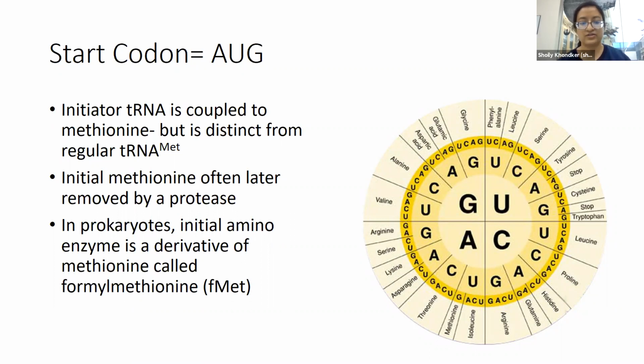This initial methionine is usually removed later by a protease. And in prokaryotes, there's one difference in the initiator tRNA: instead of being coupled to a methionine, it is coupled to a derivative of methionine called formyl methionine, or fMet.